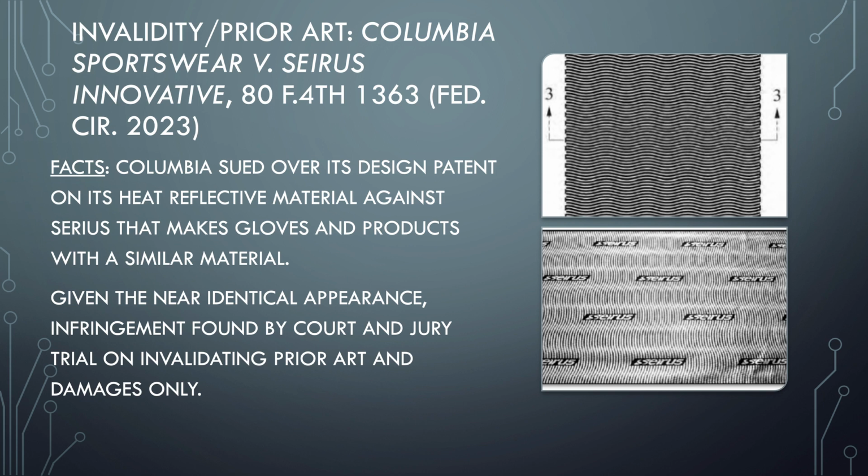For those of you who maybe have a Columbia ski jacket or light hiking jacket, you may recognize that kind of look and feel of the mesh in the Columbia design in its jackets. The bottom is the defendant's one that Columbia alleged infringed. It's heat reflective material. And so Columbia, not happy, sues. It says, I've got a design patent on this heat reflective material for our clothing.